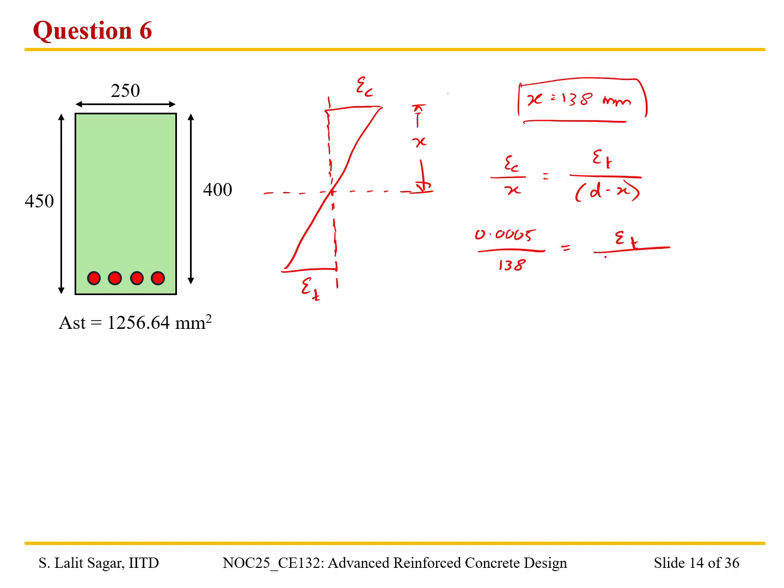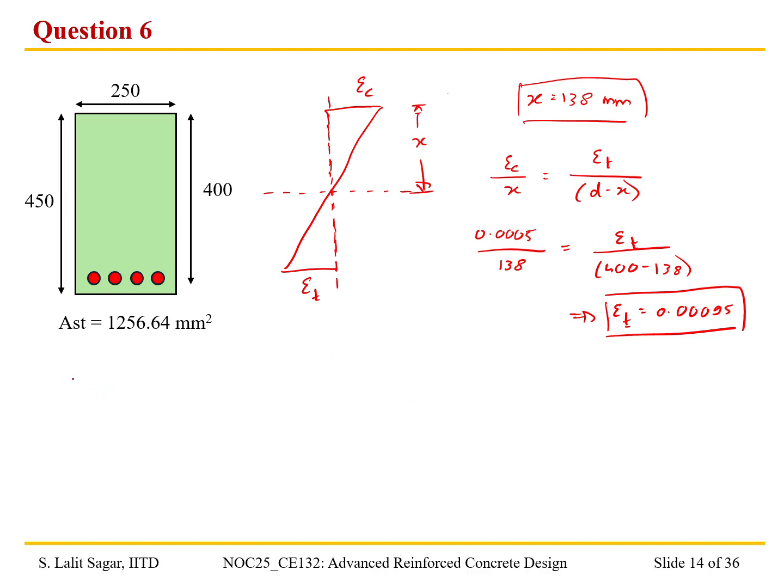What is the value of d? D is 400. 400 minus x is 138. So we have epsilon t is equal to 0.00095. Okay, we're going to get this epsilon t.